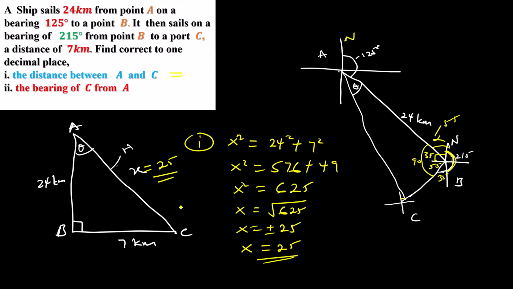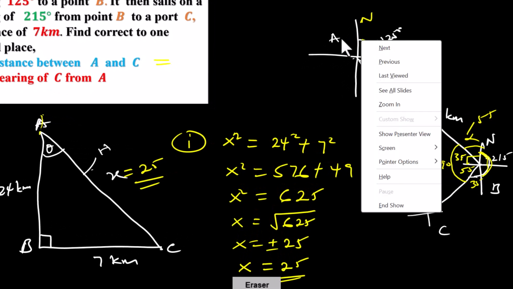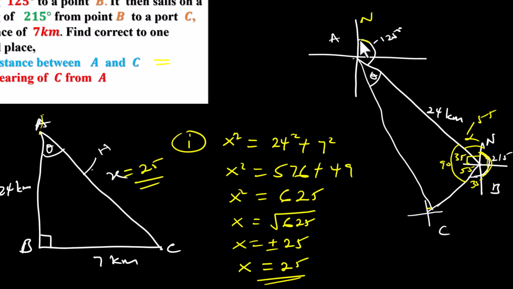Now that we know the length AC is 25 kilometers, let's find the bearing of C from A. From A, we measure from the north, rotate clockwise to meet line C. So it's 125 plus theta, and we need to know the angle theta. We have the hypotenuse, the opposite which faces the angle, then the adjacent. So we can use tan.